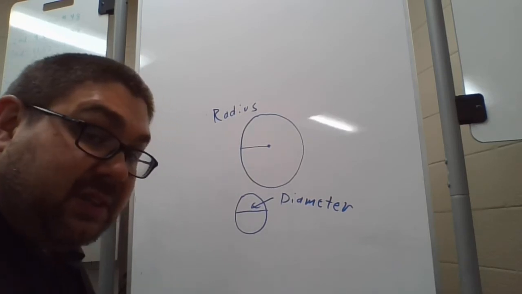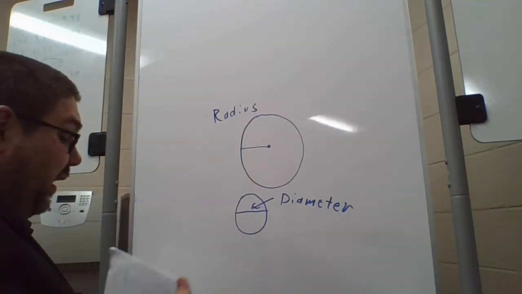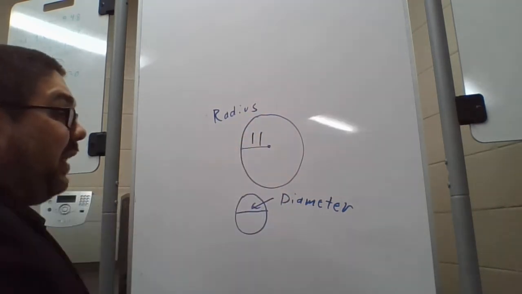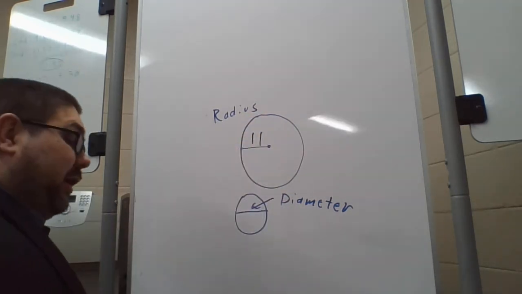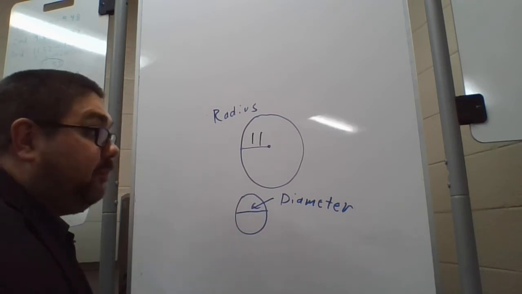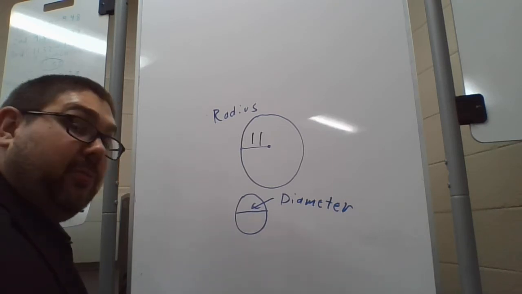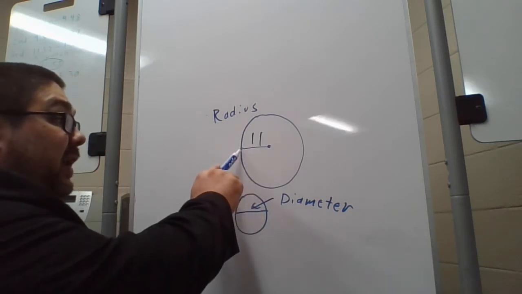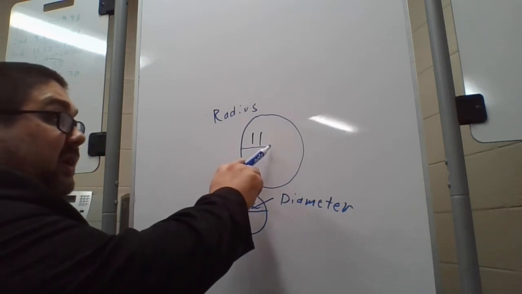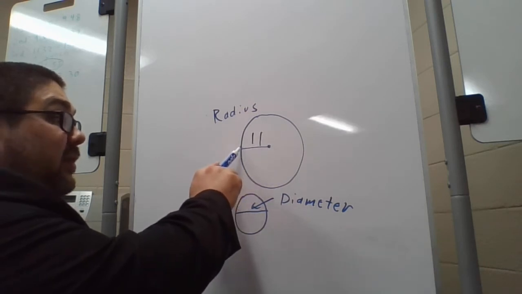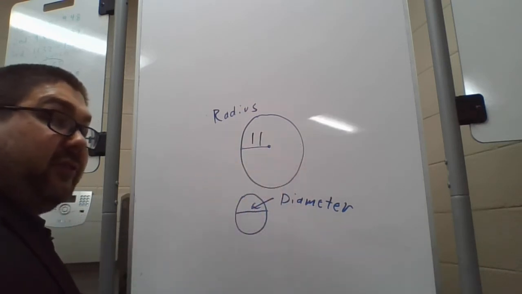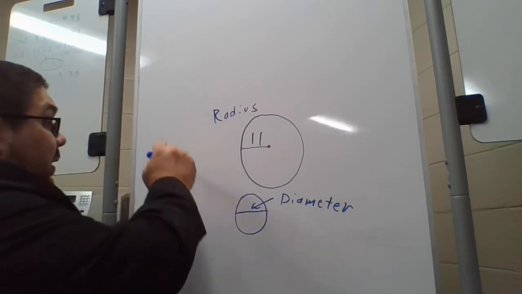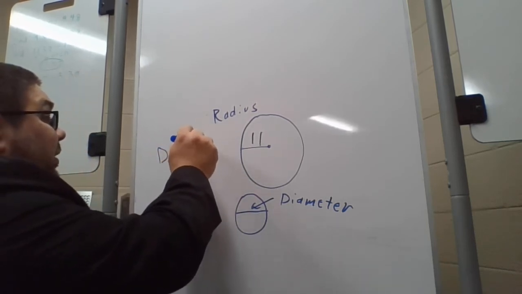This is probably common sense, but to find a diameter, let's say we have a radius of 11. How do you find the diameter? You multiply by 2. If a radius goes from an end of the circle to the middle, and a diameter goes from one end of the circle to the other end, a diameter equals the radius times 2.